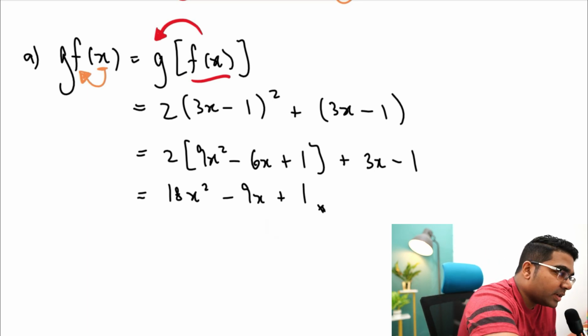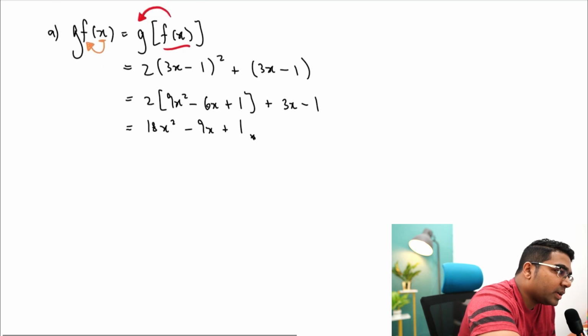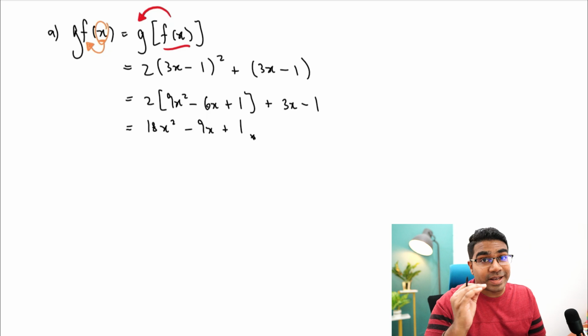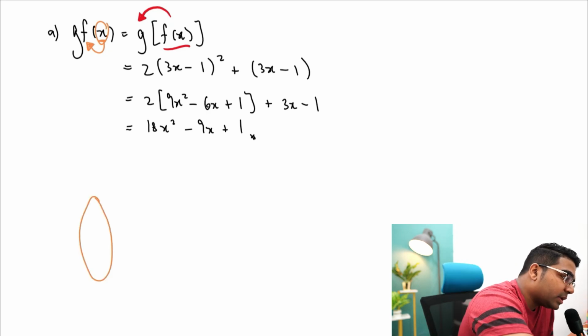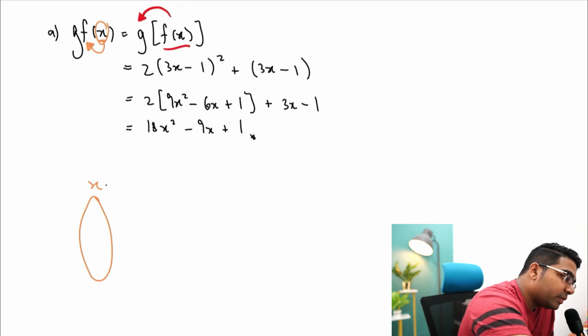So let's draw this in the diagram to be very clear. So what has happened here is we are starting with f because we are starting with the object x, which is the domain for the function f. So we start with the set that contains x, and then the function f maps x to f of x.